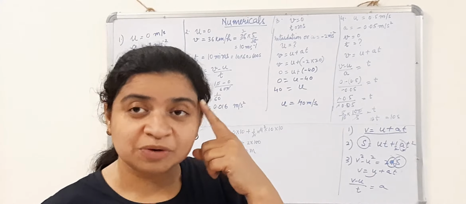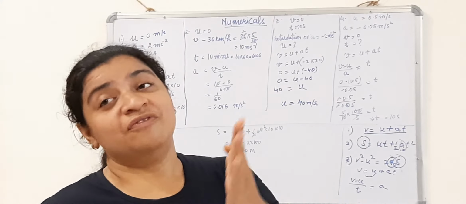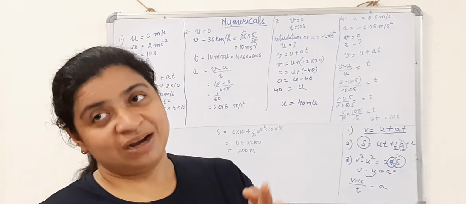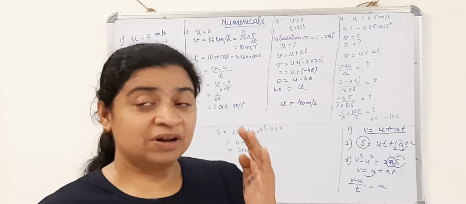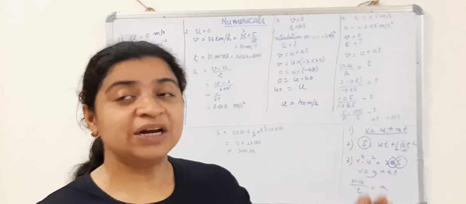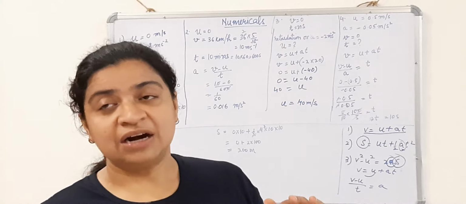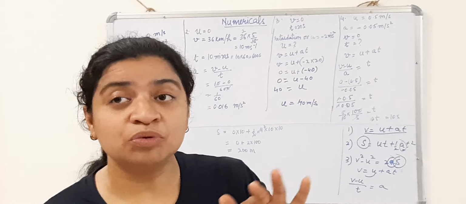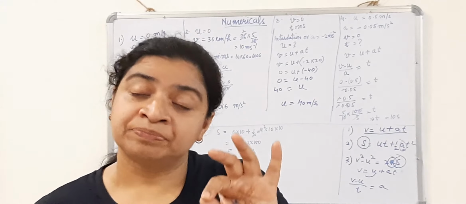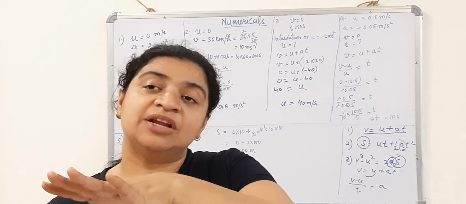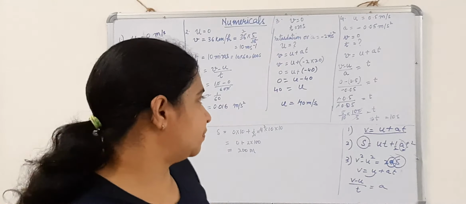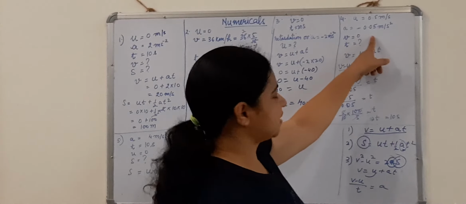You have to use your brain to think whether you are going to write minus or plus. When there is a decrease in velocity, or if the word retardation is mentioned, then also you are going to write it as acceleration, and with the value you are going to put a minus sign. Here I have put the minus sign.